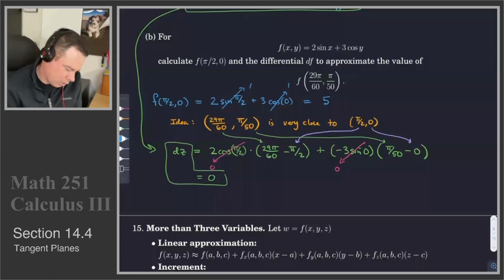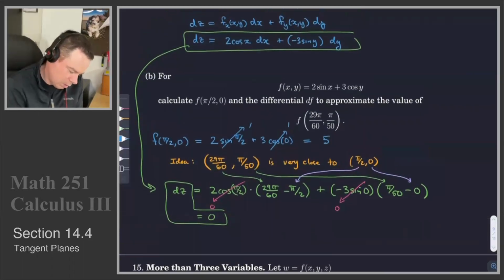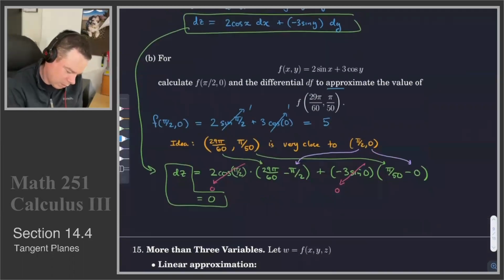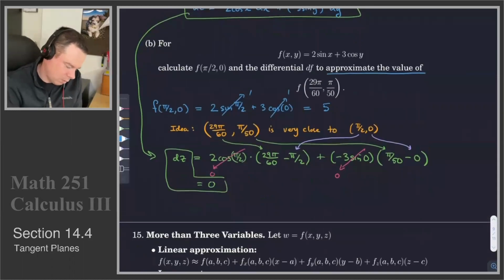And so the actual question says use the differential, which we've now worked out, to approximate the value of the function at that point. So now we can go ahead and finish that question.